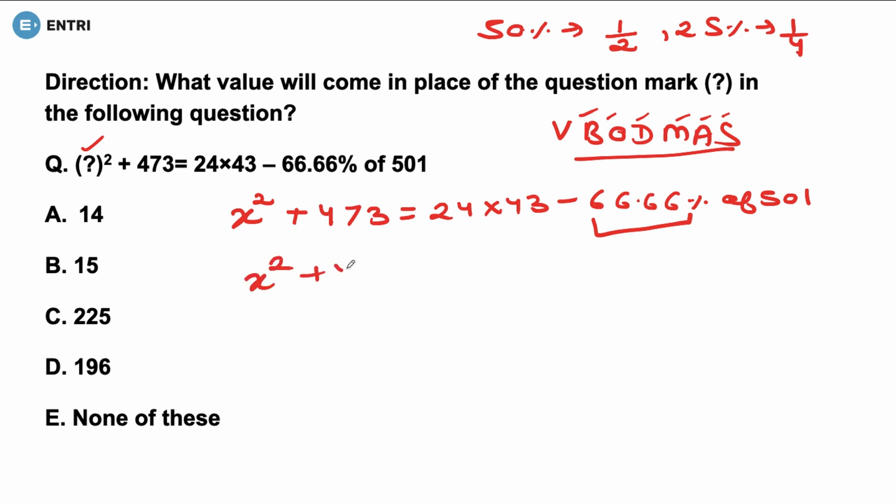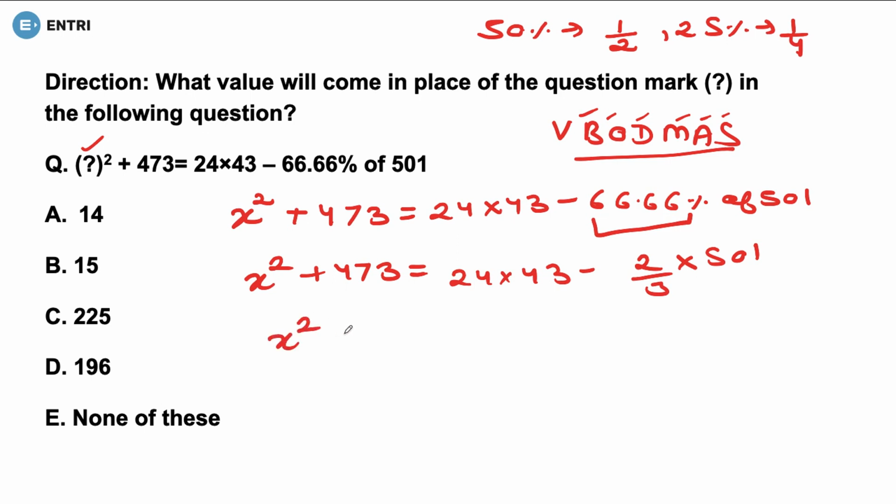x square plus 473 is equal to 24 cross 43 minus 2 by 3 of, you know that we have to multiply here. If you write it like this, it would be quite simple, isn't it? Now let's try to solve it out.